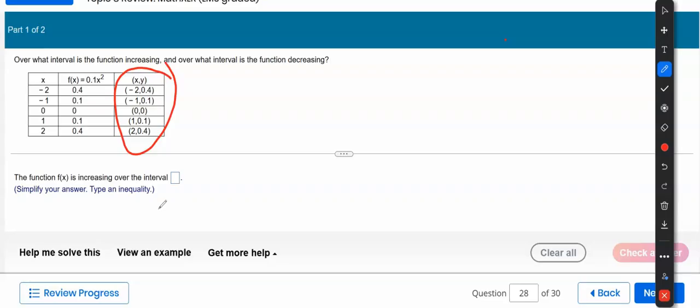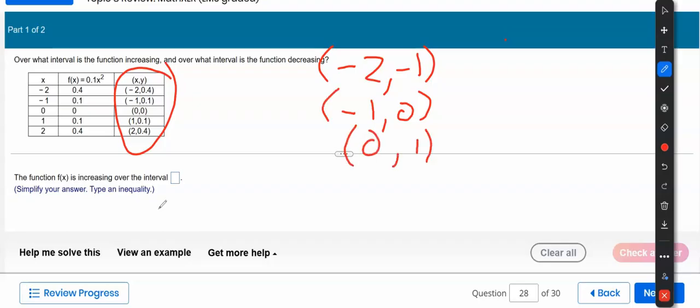Hold on a brief second. So they want an answer that looks like one of these: either -2 to -1, or -1 to 0, or 0 to 1, or 1 to 2.